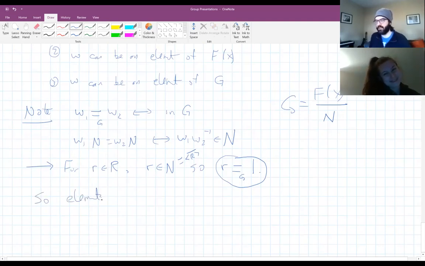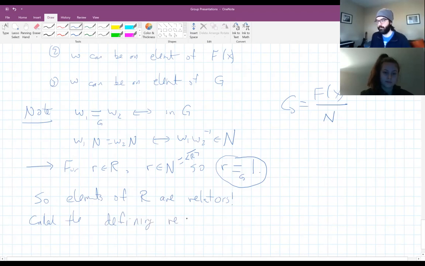So what I'm saying is elements of R are relators. These are important relators and they get a name. They're called the defining relators of the presentation ⟨X | R⟩.